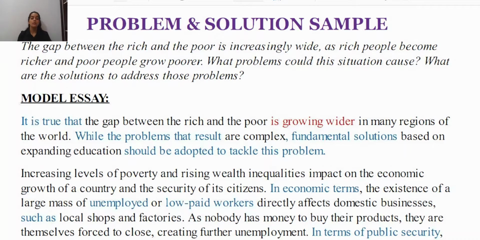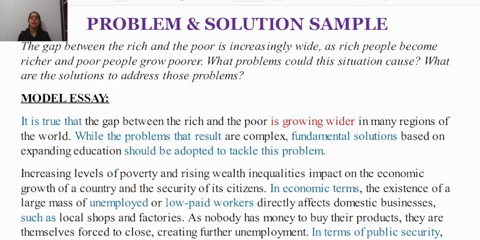While the problems that result are complex, fundamental solutions based on expanding education should be adopted to tackle this problem. So we are talking about those 2 questions, but we haven't mentioned the keywords here. We're just providing the introductory part.